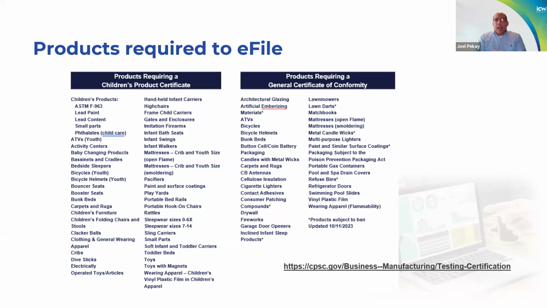You can see the diverse range of products requiring either a children's product certificate or a general certificate of conformity. We also have a link at the bottom that has more details on the products requiring certifications.